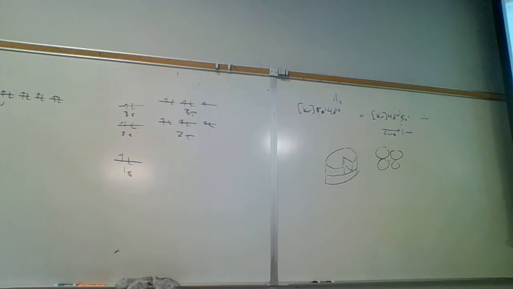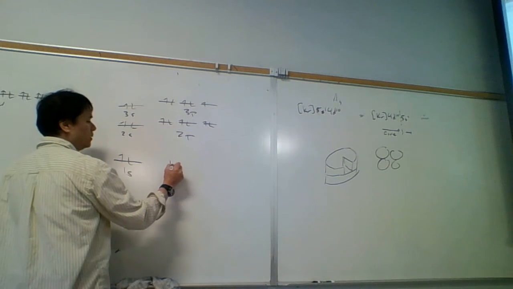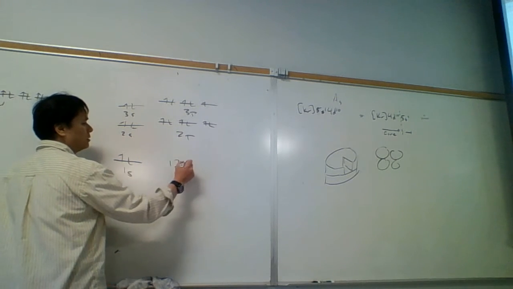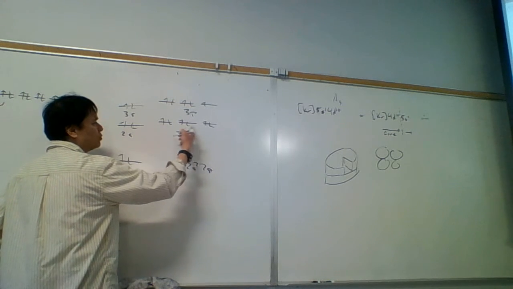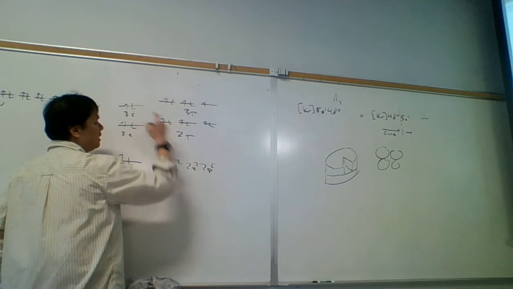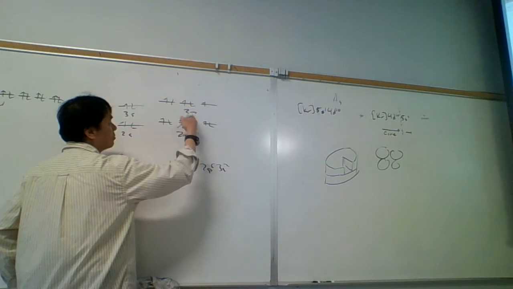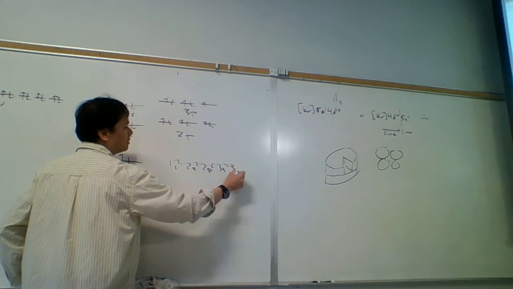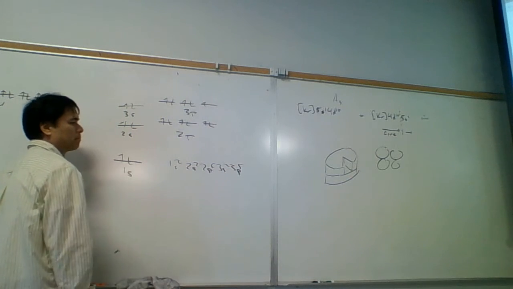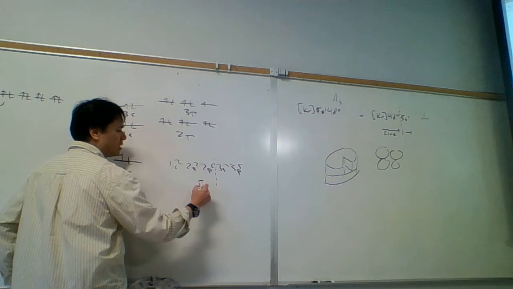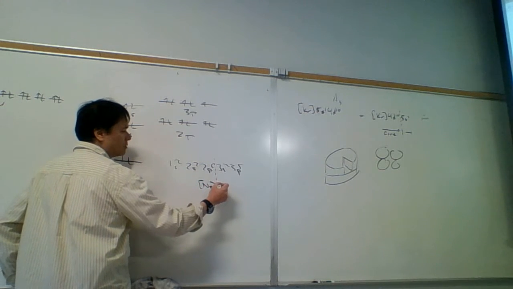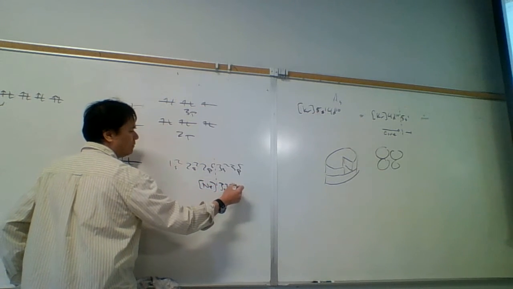So when we do this, the complete electron configuration would be 1s with 2 electrons, 2s subshell with 2 electrons, 2p subshell with how many? 2, 4, 6 electrons, 3s with 2 electrons, and 3p with 5 electrons, 3p5. If we use the abbreviation here, filling the first and second shell, that would be equivalent to neon. And so we could go 3s2, 3p5.